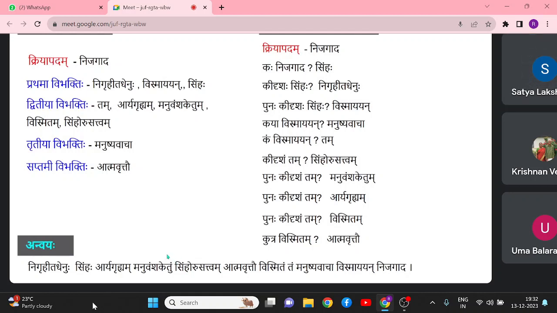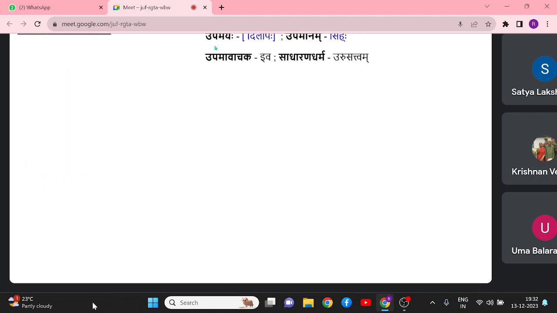So what about any Upamalankara do you see? Upendra, Indra. Correct. Upajati. And here you can have this Arthalankara also, Upamalankara.